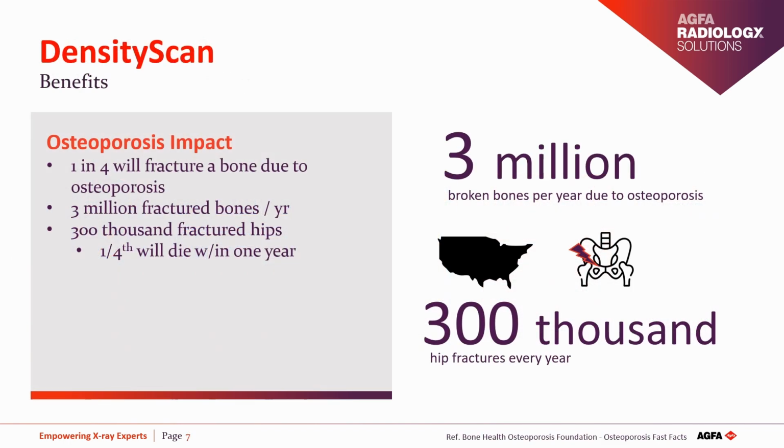I already briefly touched on the benefits to population health, but I also wanted to add that osteoporosis contributes to almost 3 million broken bones per year, and 300,000 of those are hip fractures. And we know that 1 in 4 of these individuals with a hip fracture will actually die within 1 year.